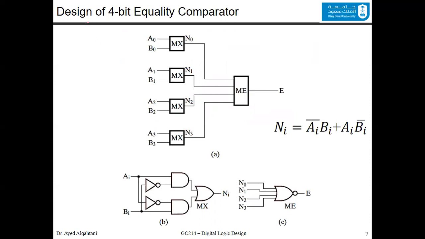Let's see this example, which is a 4-bit equality comparator. So we have two numbers, A and B, A being A0, A1, A2, and A3, and B being B0, B1, B2, and B3.